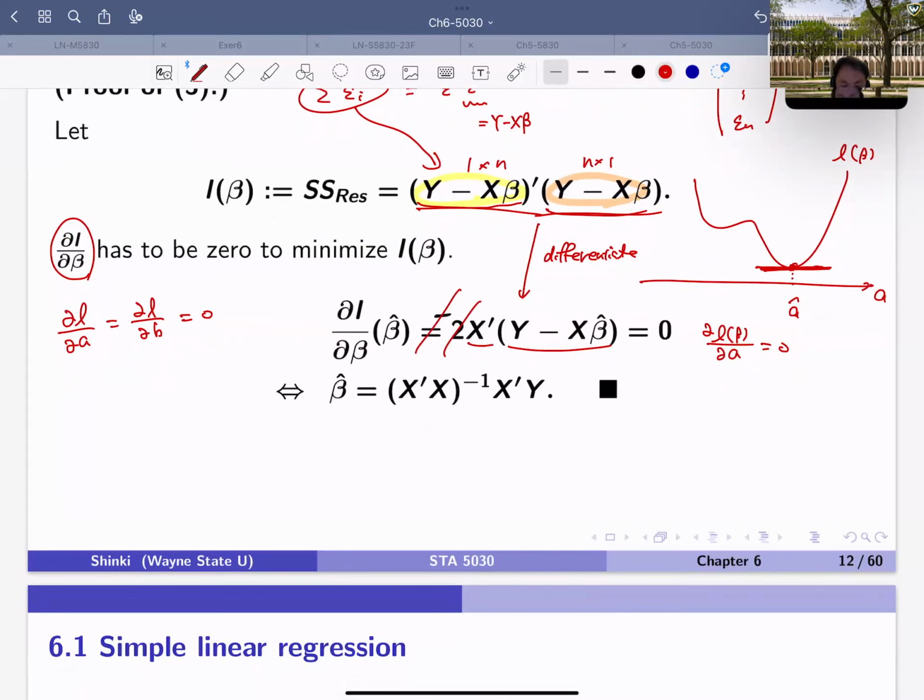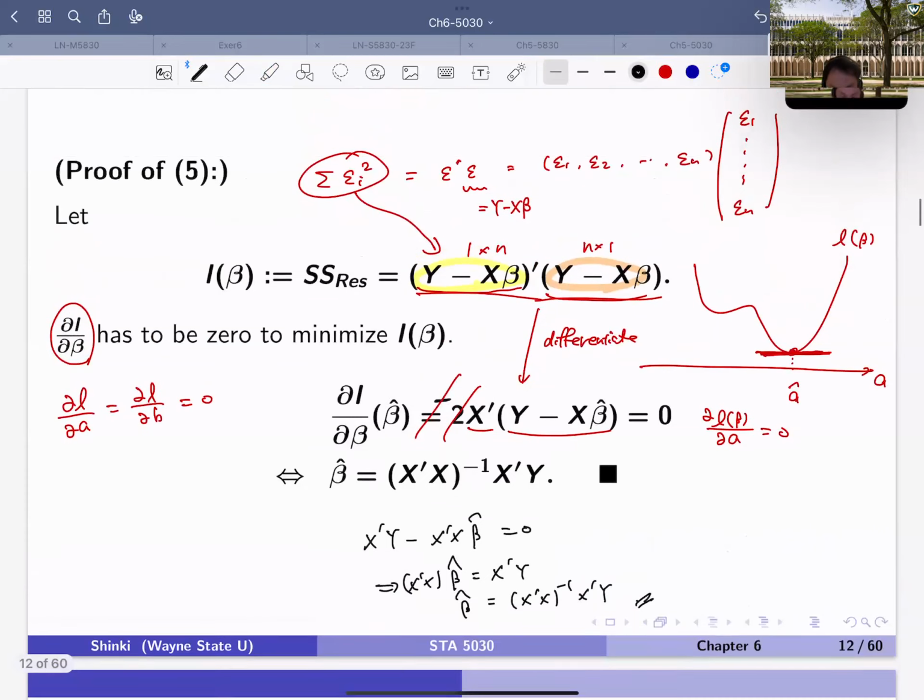Then X prime y minus X prime X beta hat is equal to 0. So we move the term X transpose X beta hat to the other side, giving X transpose X beta hat equals X transpose y. Then we multiply by the inverse of X transpose X on both sides from the left, and we get this.